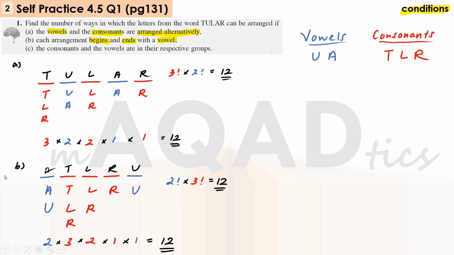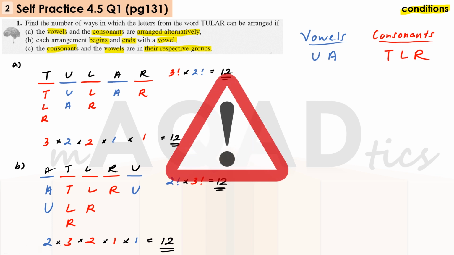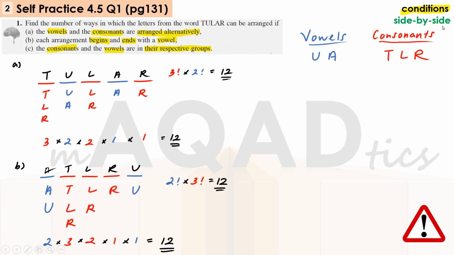And for the last question, consonants and vowels must be in their respective groups. This means the vowels, when we arrange, must be together, as well as the consonants, which means they cannot be split. So this is actually one of the special cases, which is side by side. With side by side, we do 2 things.